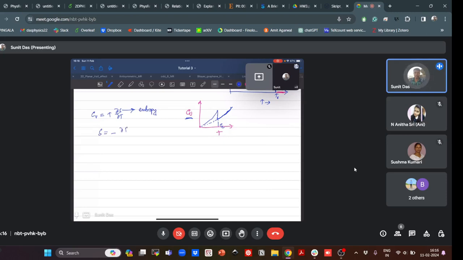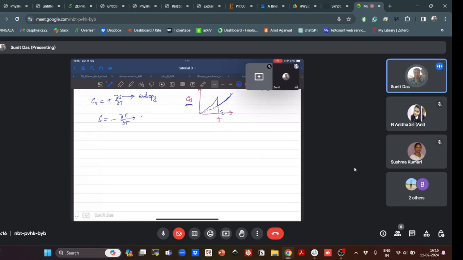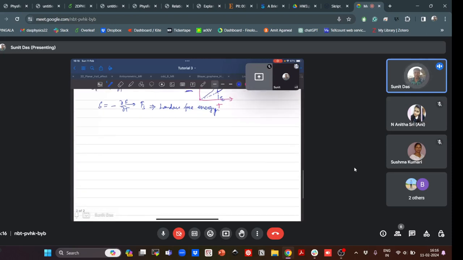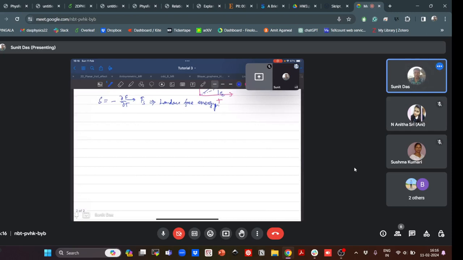This is S = -∂F/∂T, where F is basically the Landau free energy F_s. So now let's evaluate first S and then C_V consequently.